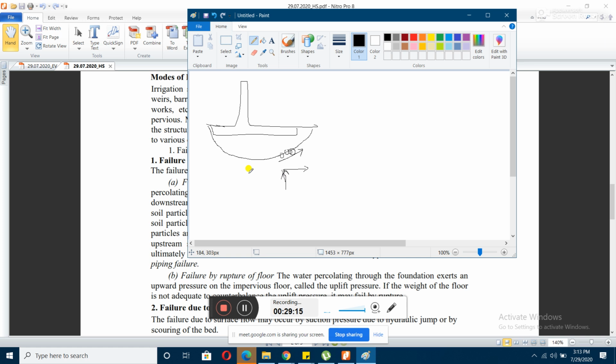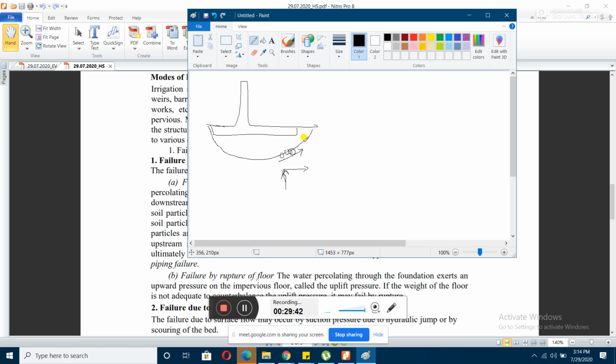So what happens, due to this force, your soil particles tend to get washed away. So there is a hollow happening here. A hollow is just like a pipe. What is a pipe? It's a hollow structure. So similarly, there is a hollow being developed here.